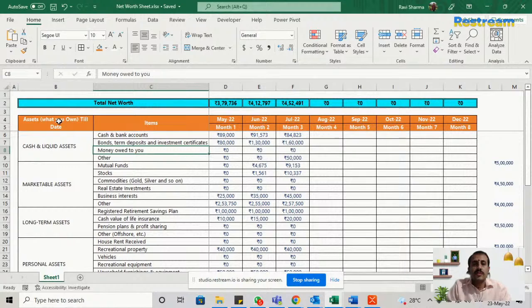If someone has to give money to you, that comes under cash and liquid assets, and any other cash and liquid assets.